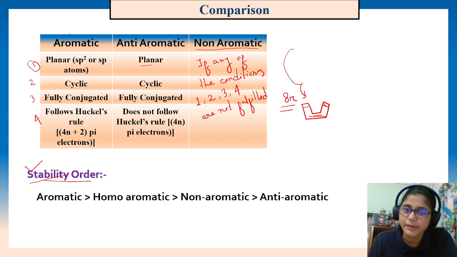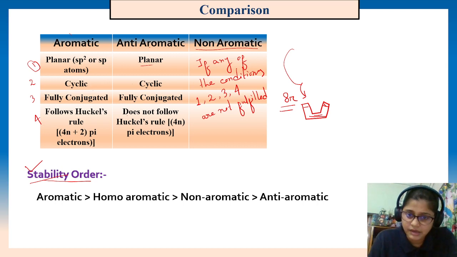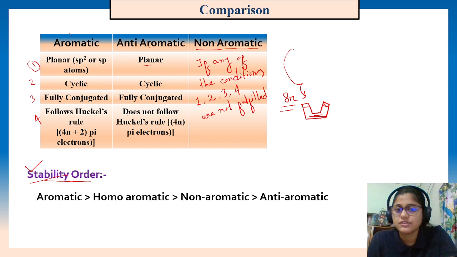Conjugation will be interrupted by the sp3 atom. Non-aromatic, when any of the four conditions of aromatic and anti-aromatic is not fulfilled, then it will be called non-aromatic.